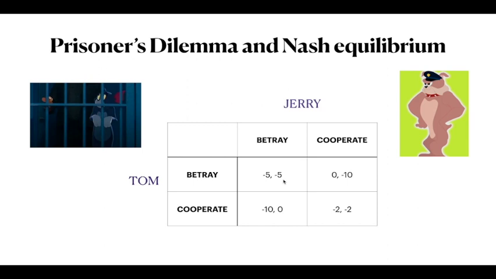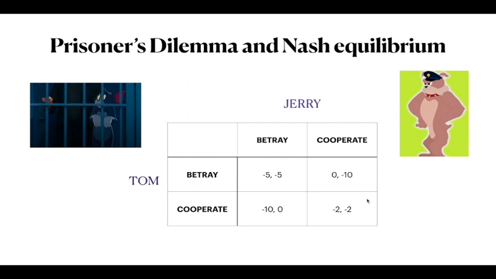So given that they have no idea what the other person is going to decide on, what would be their optimal strategy so as to get the best possible payoff? So clearly, from the group perspective, it appears that they both end up cooperating, that is, staying silent and get out of the prison by spending 2 years in prison each.